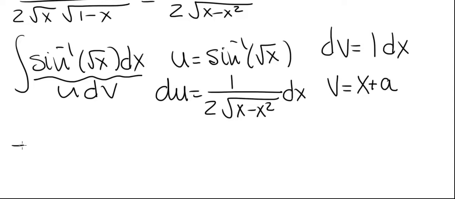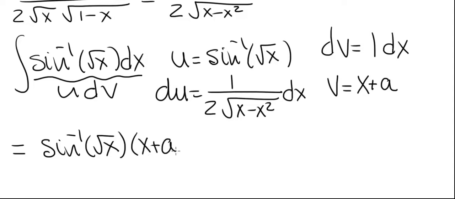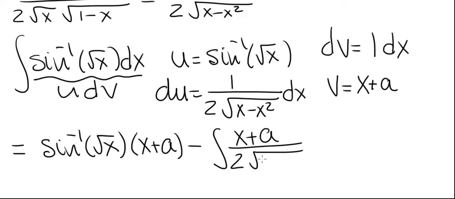So by integration by parts, this is equal to inverse sine of square root of x, that's u, times x plus a, which is v, minus the integral of v du, which is x plus a, divided by 2 times square root of x minus x squared dx. Now the integral that we have left, this integral on the right, is done by substitution.